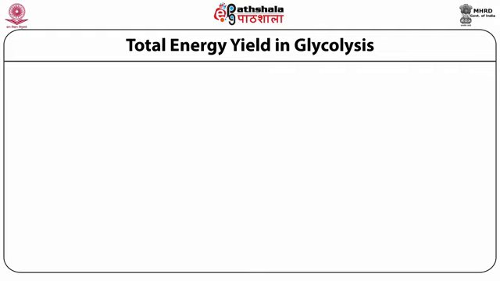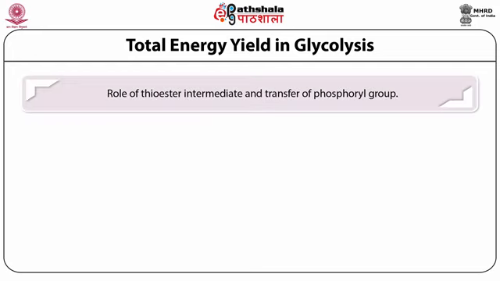In the literature, sometimes 3 reactions are shown because reduction of NAD plus is not always counted, and it has a thioester intermediate. However, the important issue to understand is that this reaction produces a molecule with high phosphoryl transfer potential, that is, a molecule that can phosphorylate ADP to ATP is formed.